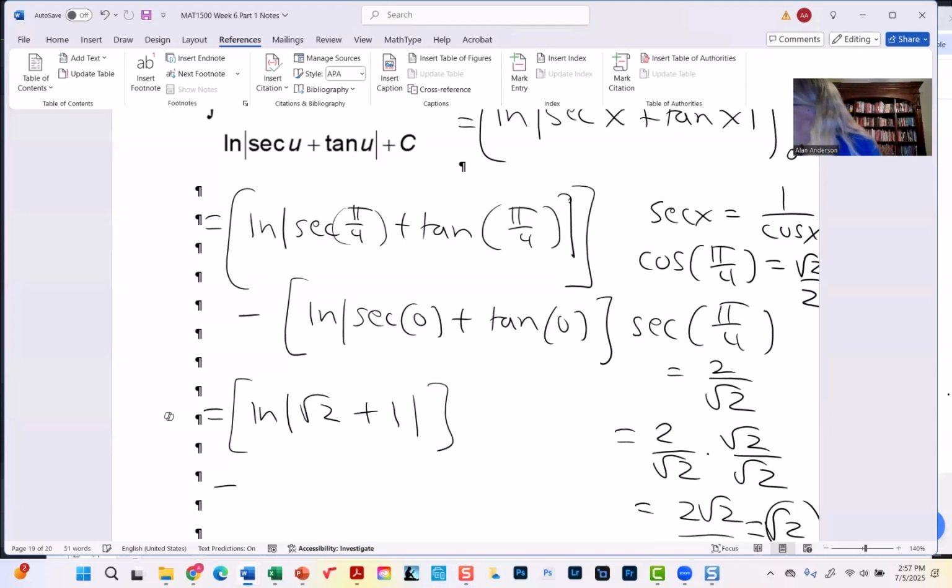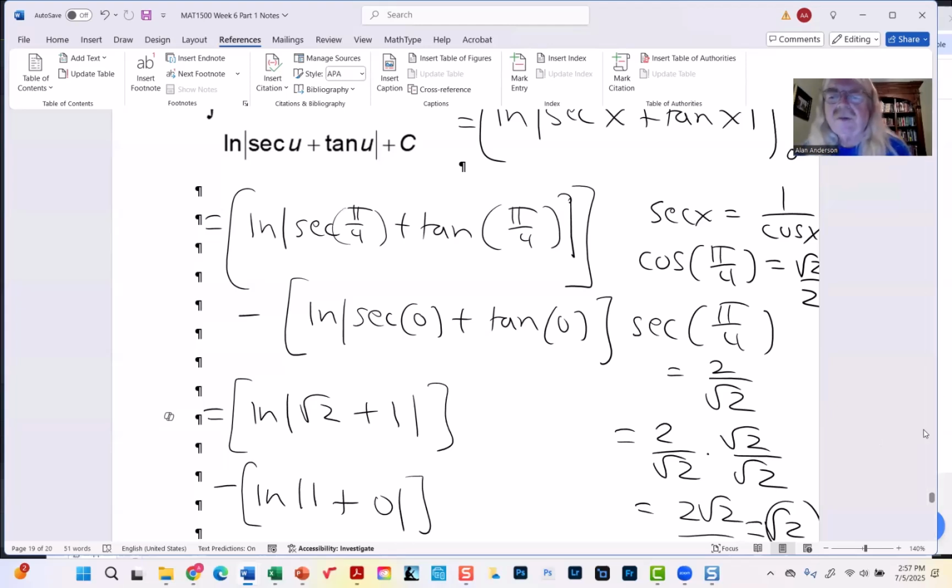Now the secant of 0, look at it in the same way. We'll first calculate the cosine of 0, which is 1. So the inverse of that is just 1. And the tangent of 0 is 0.